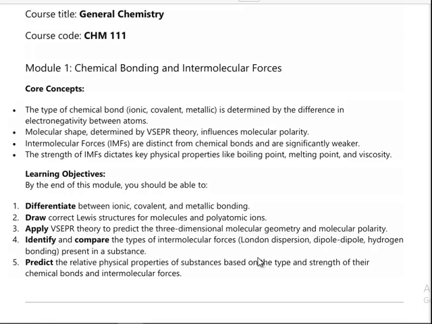Then molecular shape as determined by VSEPR. Then you're also supposed to know the intermolecular forces, IMFs, and the strength of the IMFs, which dictates key physical properties like boiling point, melting point, and viscosity. So these are the core concepts.